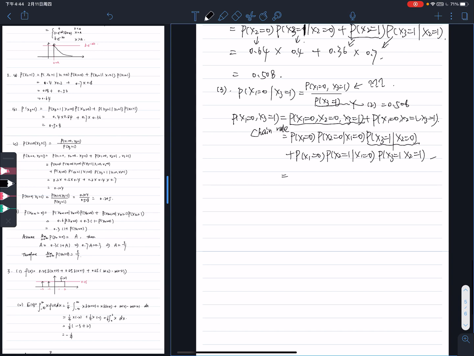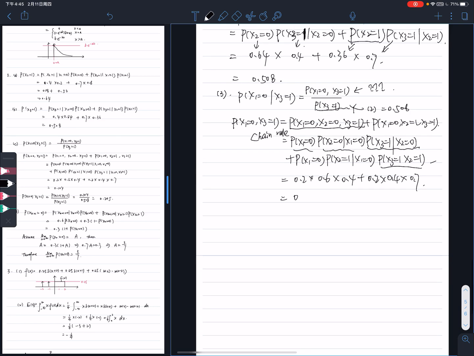From the problem we know that this is equal to 0.2, this is 0.6, and this is 0.4, plus 0.2 times 0.4 times 0.7. So we know that the joint probability is 0.104.